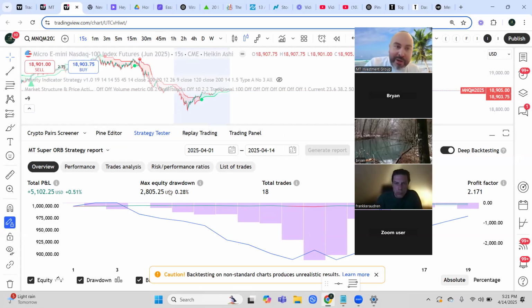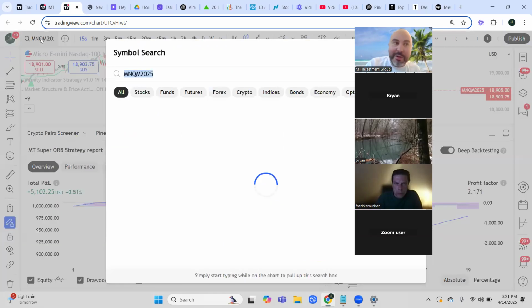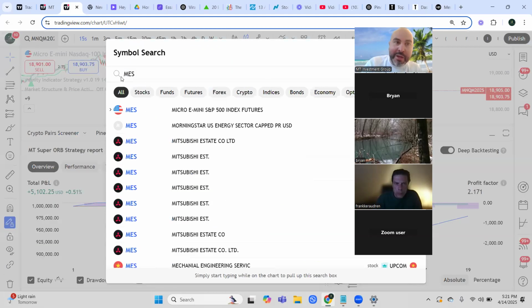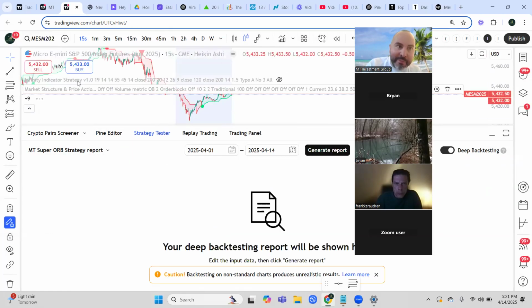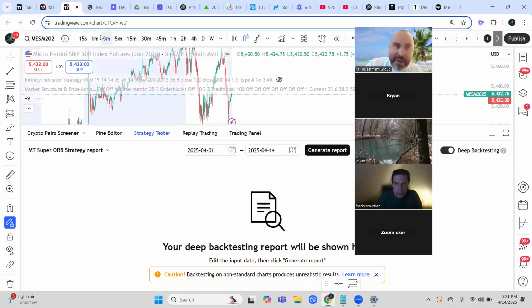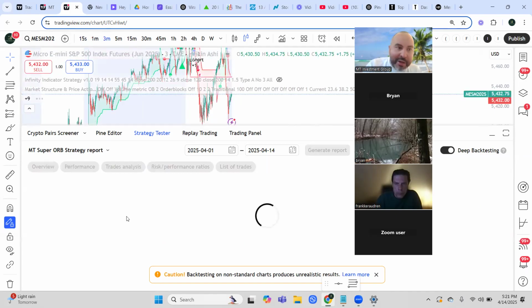By the way, this is with commissions, at least for the MES. I think the Nasdaq has a little bit more commissions on it, if I'm not mistaken, so the profits would be slightly less than they are now. That's the ORB indicator.